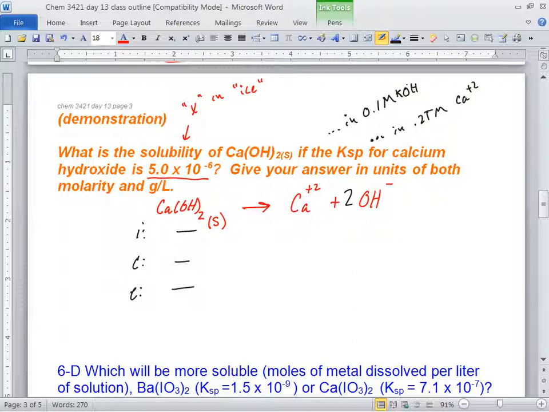And everything in group 1 is always soluble, 100%. This is where your spectator ions come in. They don't do anything. The only purpose is to make a solid so you can make a solution of 0.1 molar KOH. So whenever you see that, my brain disregards this K part. Okay.